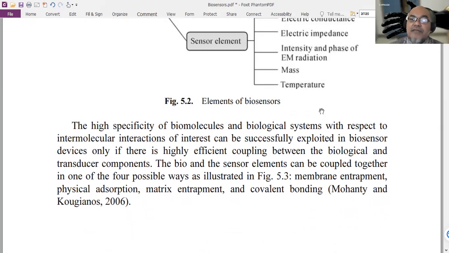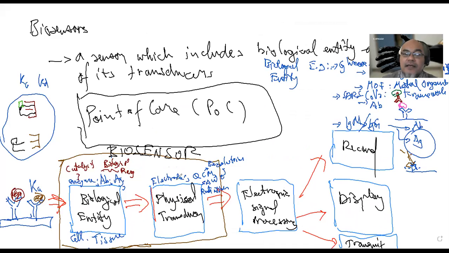That's why one of the keys, if we come back to the whiteboard, one of the keys to biosensors is how to couple this biological entity with the physical transducer. And in the biosensor world, this is called the process of immobilization.